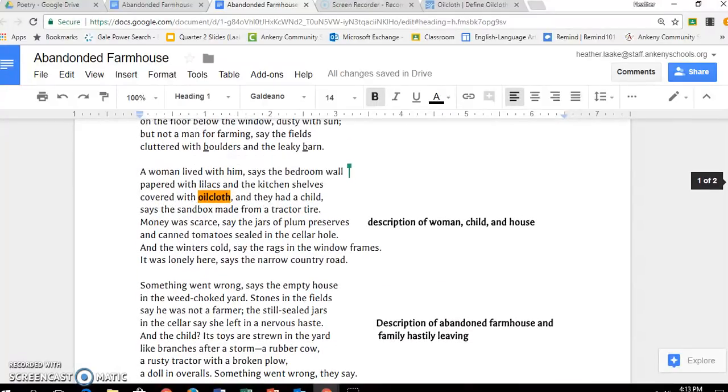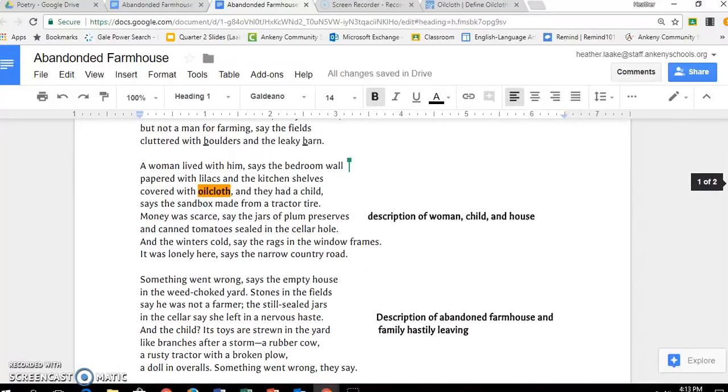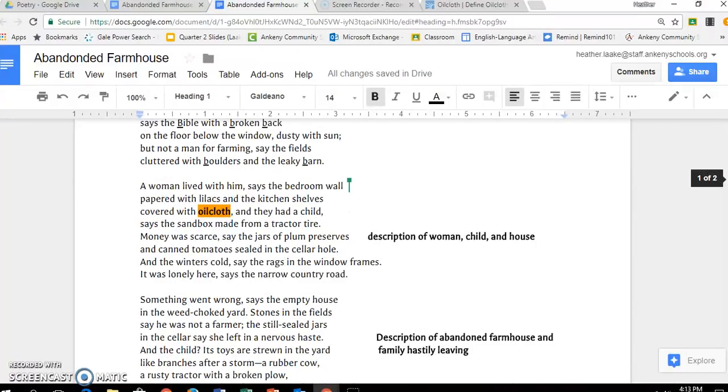Looking at the second stanza, in the fourth line, we have alliteration with tractor tire. And then we have alliteration with the P sound in plum preserves.